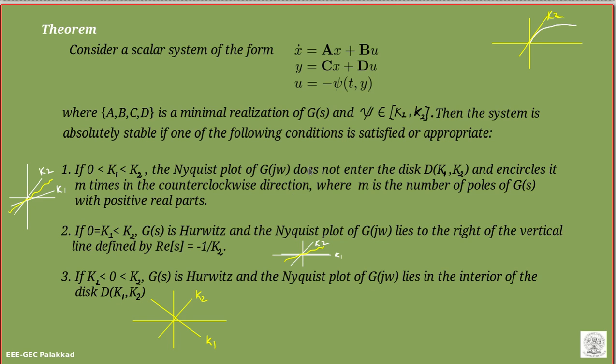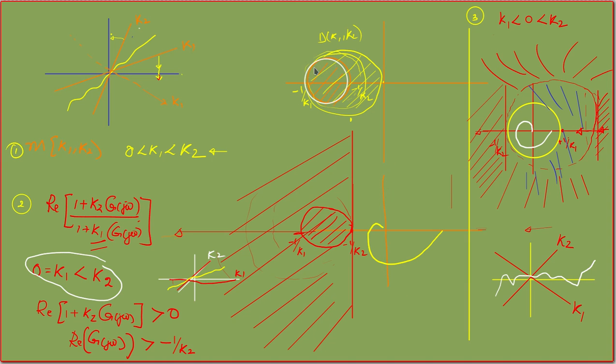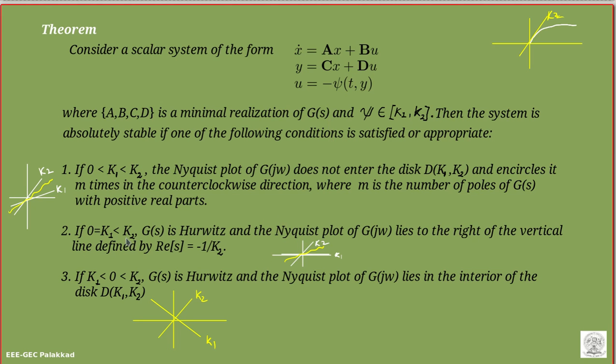The forbidden area was small here, and as we increase the nonlinearity towards the positive side, the forbidden area becomes larger and larger. Here the forbidden area was smaller because we had a small sector. So this is about the circle criterion.